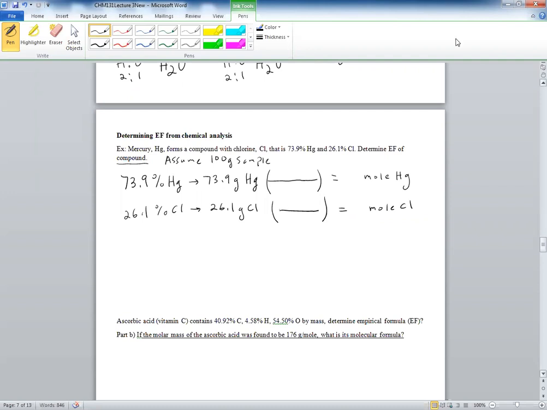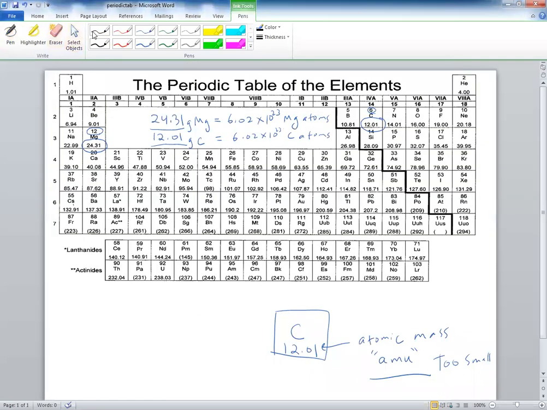Okay, so we need to go to the periodic table and find the molar masses. The molar mass of Cl is 35.45 grams per mole, and the molar mass of Hg is 200.59.